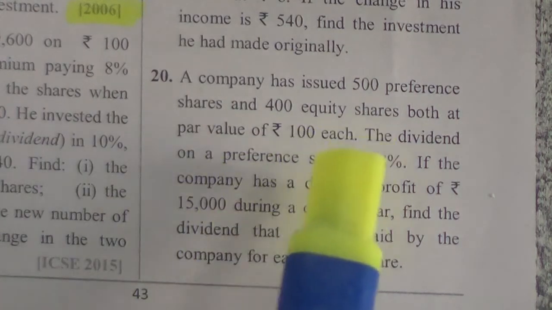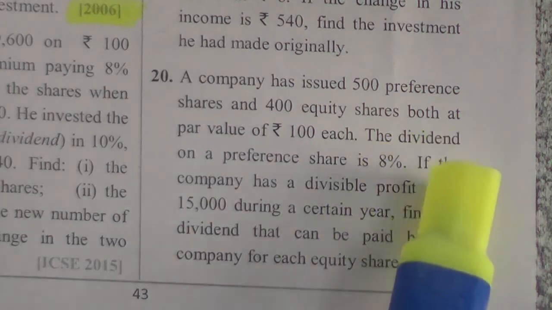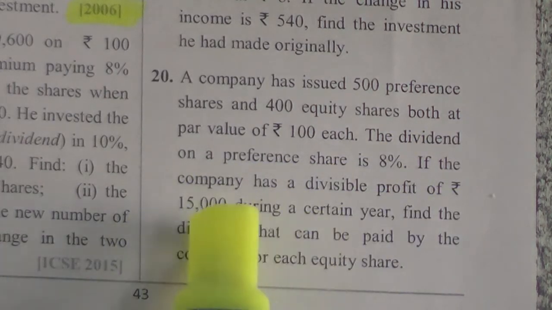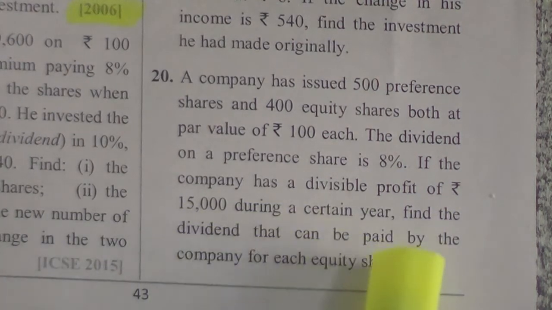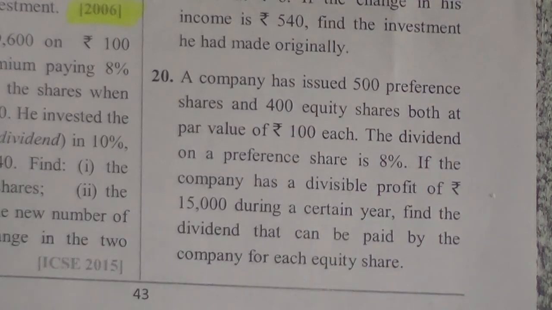The dividend on a preference share is 8%, and the company has a divisible profit of 15,000 during a certain year. Find the dividend that can be paid by the company for each equity share. So number of preference shareholders. Question number 20 now.